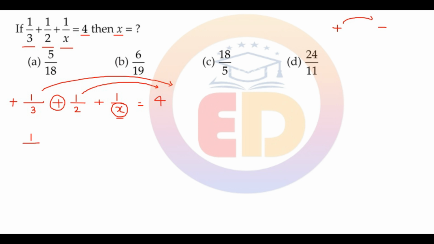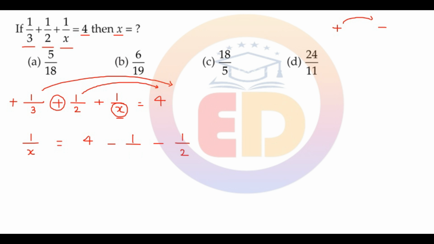On the left hand side, I have 1 upon x equals 4. This 1 by 3, which is in plus, will become minus 1 by 3. And this 1 by 2, which is in plus right now, will become minus 1 by 2.